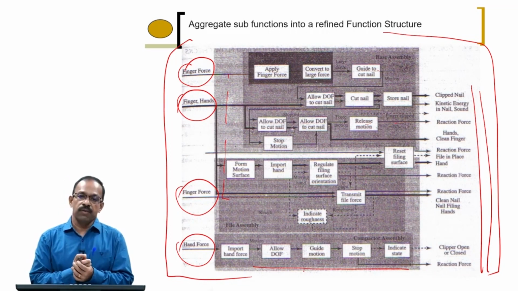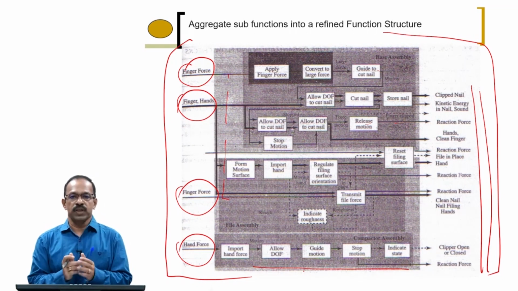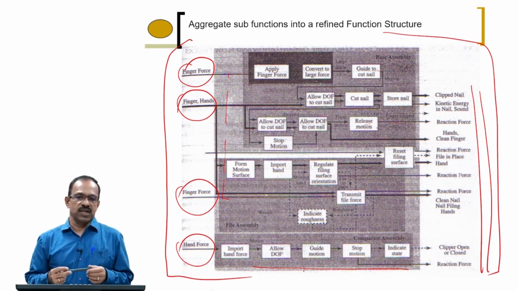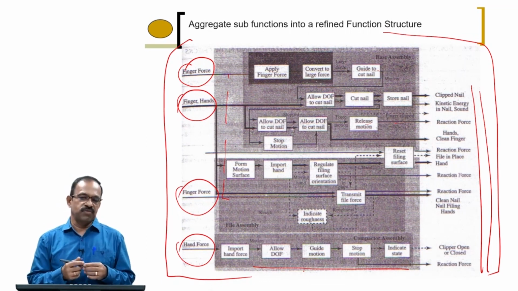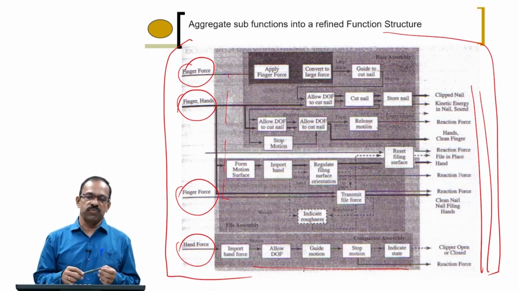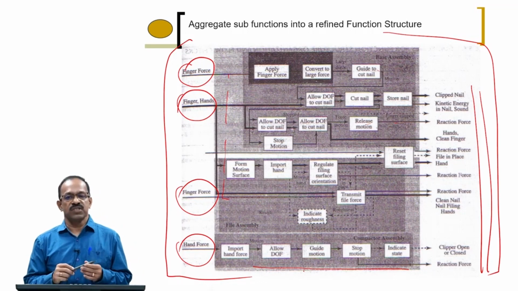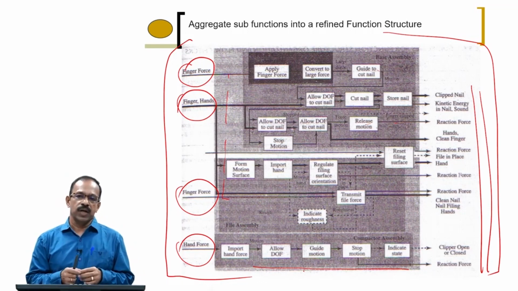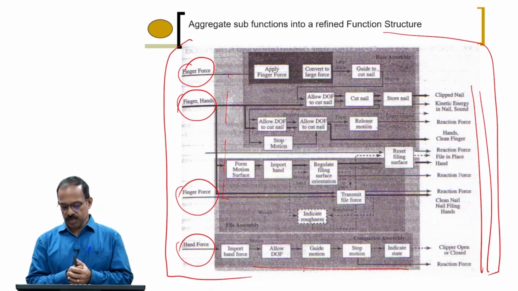This is how we use the flow method to decompose the functions into sub functions, and all those sub functions are important for any product. The designer then has to look at these sub functions and see how they can be provided in the product by developing appropriate concepts.